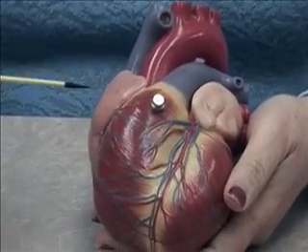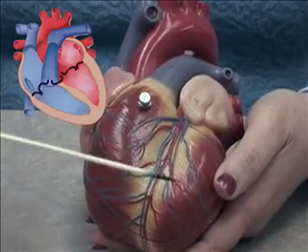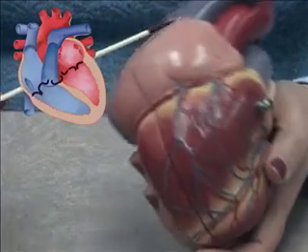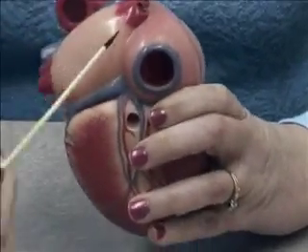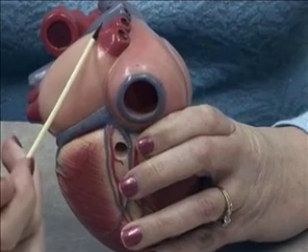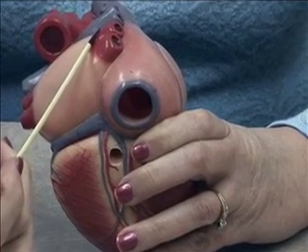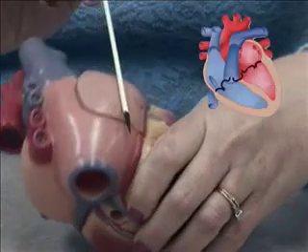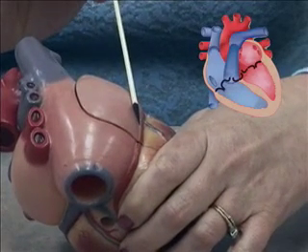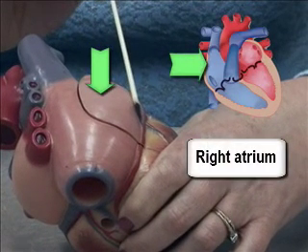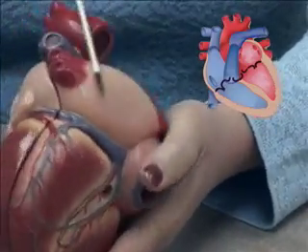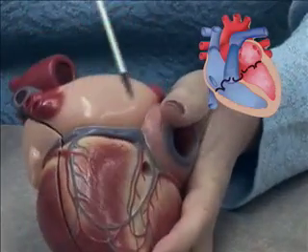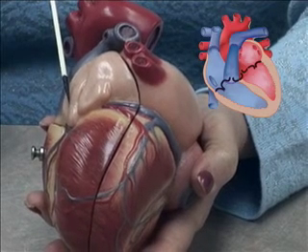The heart has four chambers, two atria and two ventricles. The right atrium and the left atrium separate in the back, right where the pulmonary veins enter the left side. So this entire structure is right atrium, and from here around to the front is left atrium.